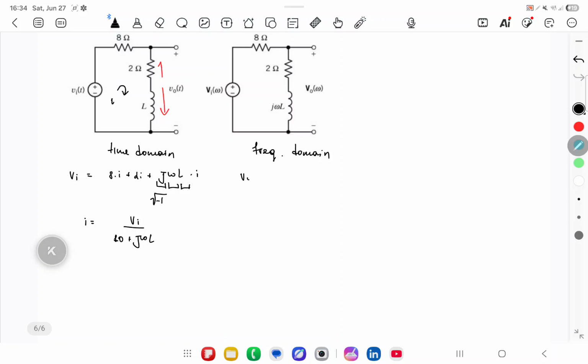So V output is equal to the current that flows through this area multiplied by 2 plus j omega L. But the current that flows through this part of the circuit is the same current that we express this way.